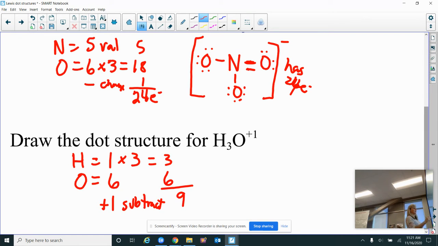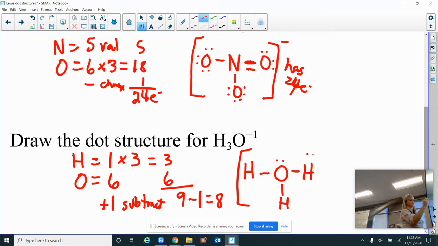So it was 9 and then -1, so we have 8 electrons. So oxygen has to go in the center, hydrogen can never go in the center. And so if we single bond a hydrogen to each side, I would need an unshared pair to give oxygen 8. And 2, 4, 6, 8, I've used 8 electrons, and it's a good structure. Both hydrogens have 2, which is what they need. Oxygen has 8, and it's a +1 charge overall.